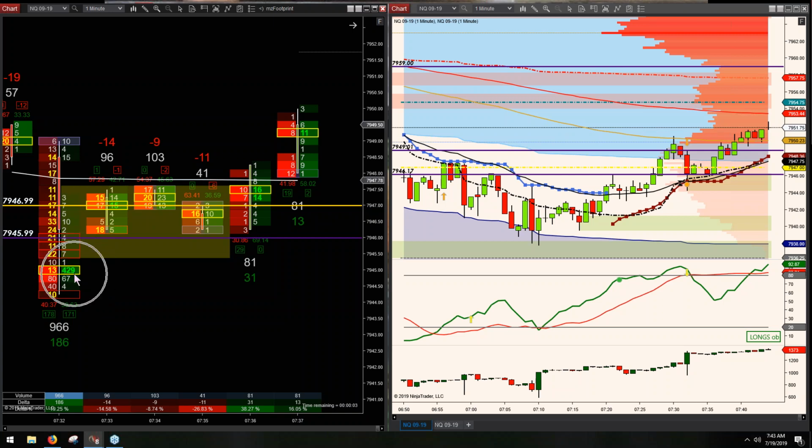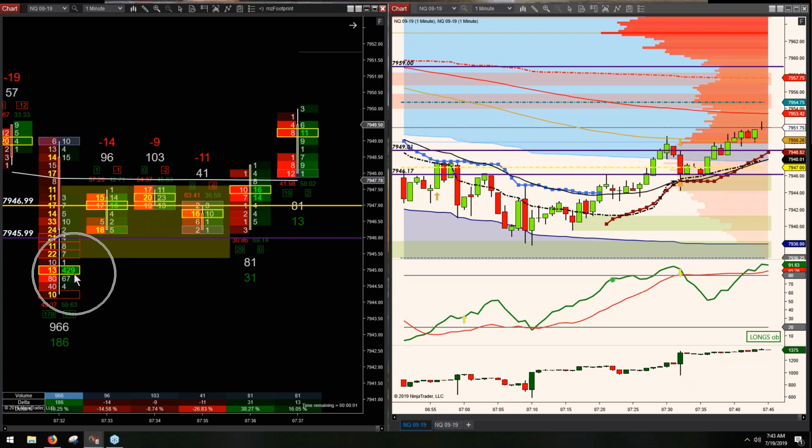So that would definitely be giving you a clue that if you have a big number of buyers coming in here, and this can't break down, then it's probably going to try to bounce back up to yesterday's close in this example. And then you can see it teeters around here.